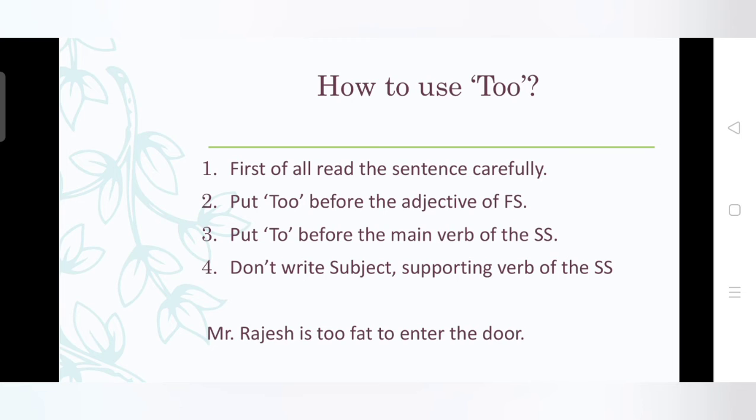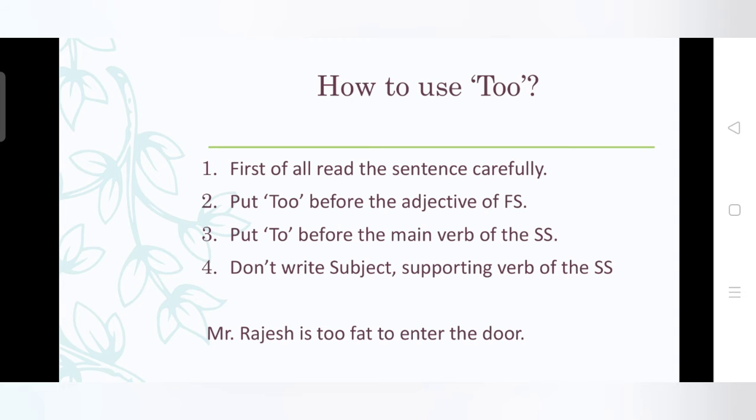So I have put too before the adjective of the first sentence, that is fat. The sentence has been converted as Mr. Rajesh is too fat. Now there is the turn of the second sentence. Remove the word he, that is the subject. Remove the supporting verb cannot. I have removed both these words and I have written the word to.